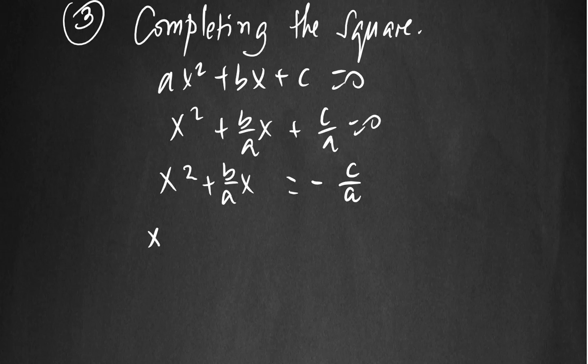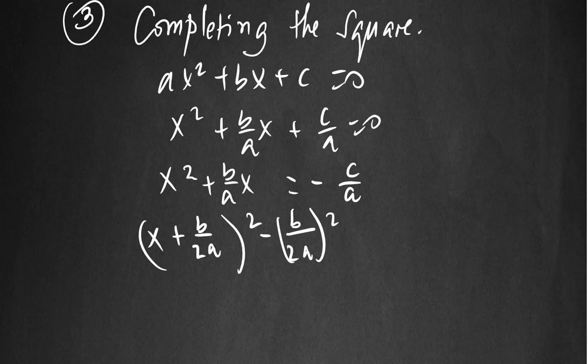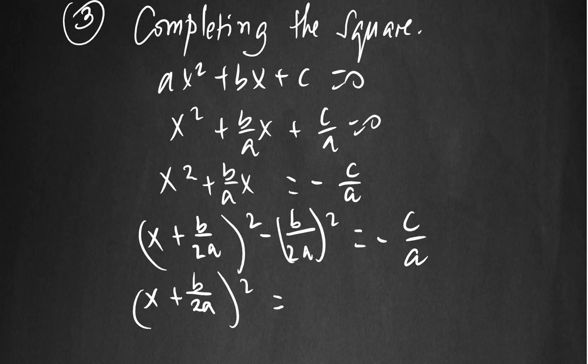We get x plus b over 2a squared minus b over 2a squared is equal to minus c over a. And we move the other term also to the other side. So we say x plus b over 2a squared is equal to b squared over 4a squared minus c over a.